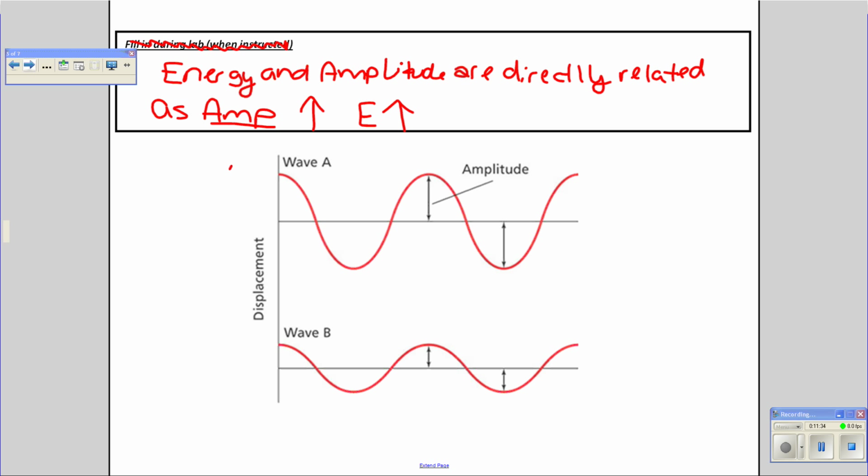Okay? So if we look at wave A versus wave B, wave A has more energy because it has greater amplitude. Okay, we're going to be looking at that with the slinky, little tiny things, big things.